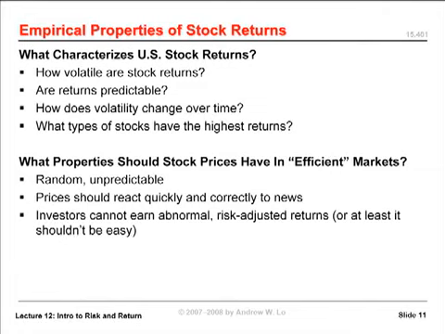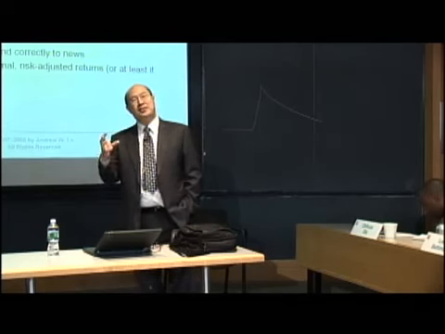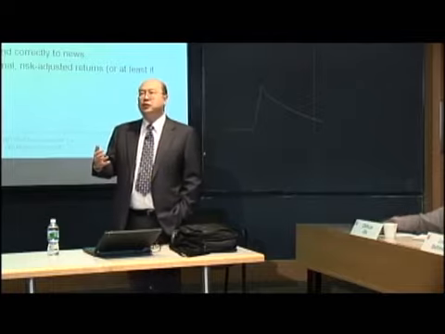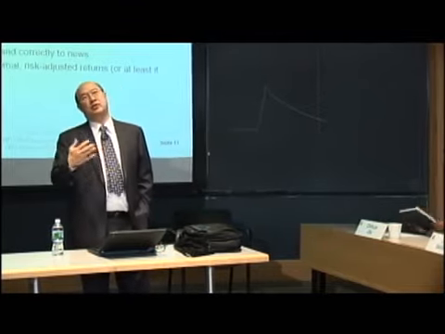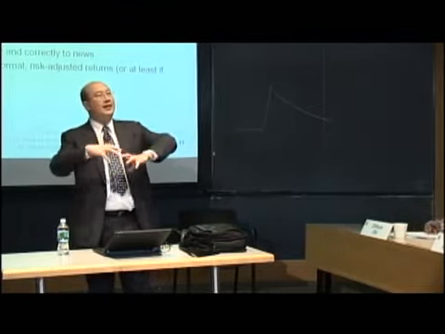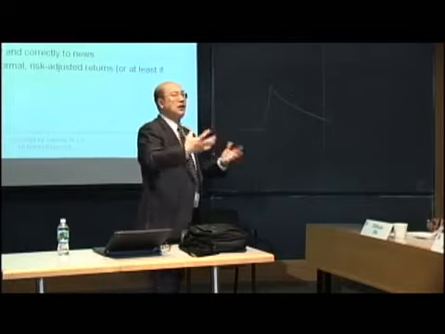It should adjust to new information really without any kind of delay. And finally, we'd like to see that investors shouldn't be able to earn abnormal returns after you adjust for risk. In other words, once risk adjustment is taken into account, there shouldn't be any additional return left over. That's what we think of as a well-functioning market.